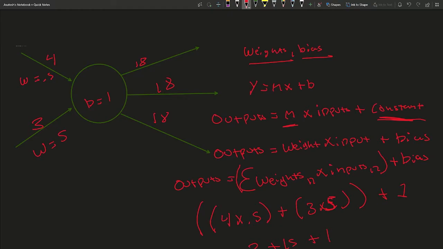The weights are respective to each connection. So this would be W1 for this connection right here, and this would be W2 for this connection right here. The bias is applied to all the connections, so it's a part of the neuron itself, not the connections. So you only have one bias per neuron, but you can have multiple weights depending on how many connections you have.